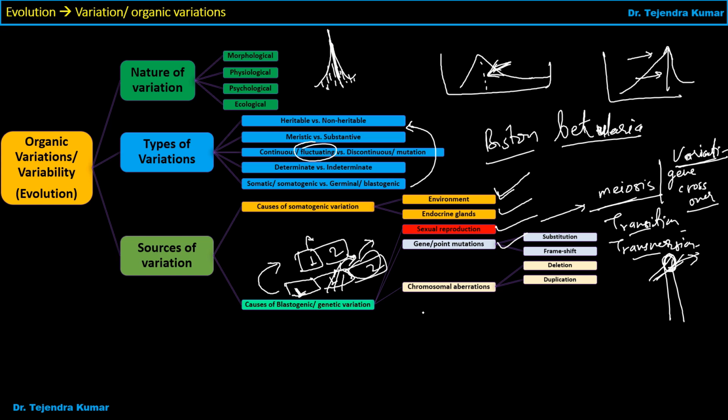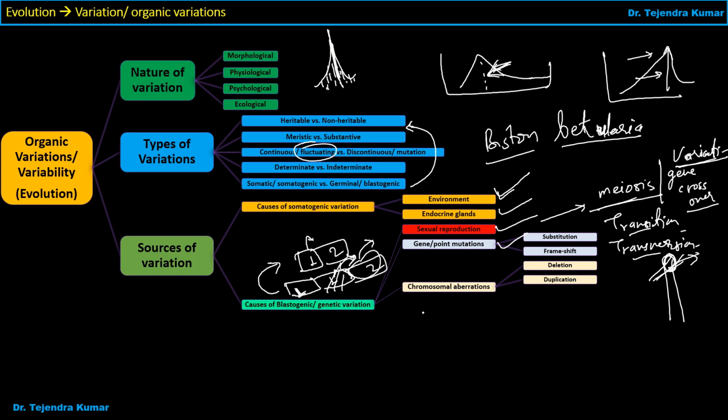Next, duplication. Duplication may be of two types. One is terminal. If something present in the terminal region is duplicating, then it is called terminal duplication. And second is intercalary duplication. Whenever a middle gene is duplicating itself, likewise A, B, C, D, E, F was there.